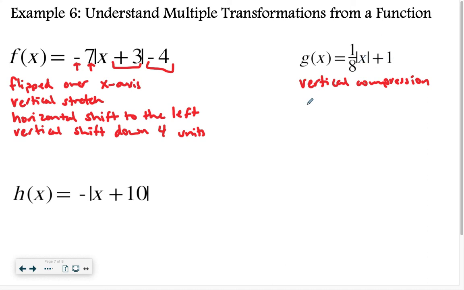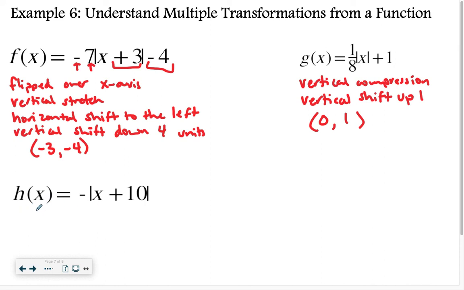And then it's a vertical shift of 1, going up 1. If I stop and think about my vertex here, since my x didn't move, the x stays 0, and the y would stay 1. And if I go back here and think about the vertex, it went left 3, so that's a -3, and then it went down 4. So my vertex would be at -3, -4.